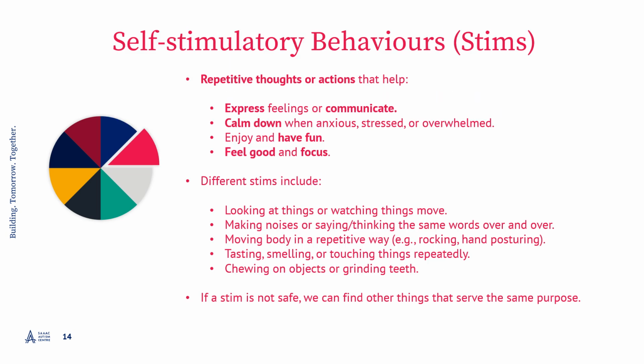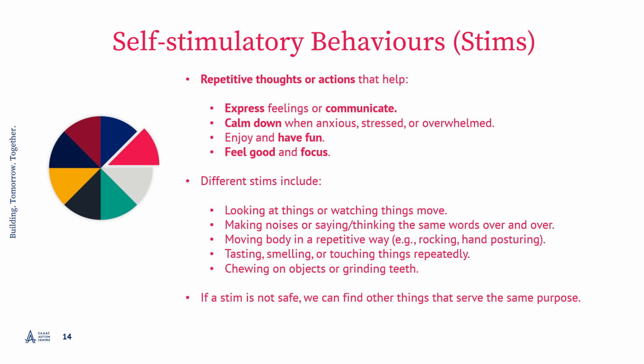Self-stimulatory behaviors, or STIMs for short, are repetitive thoughts or actions that help an autistic person express their feelings or communicate without words, calm down when they're feeling anxious, stressed, or overwhelmed, enjoy themselves and have fun, or feel good and focus.